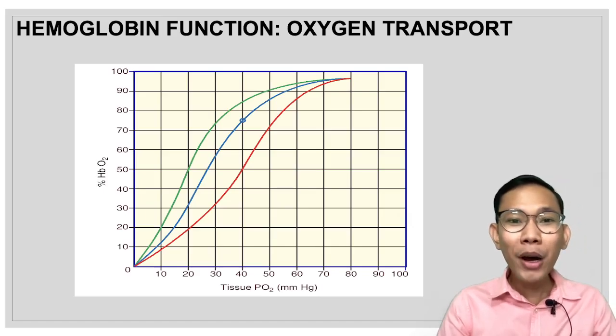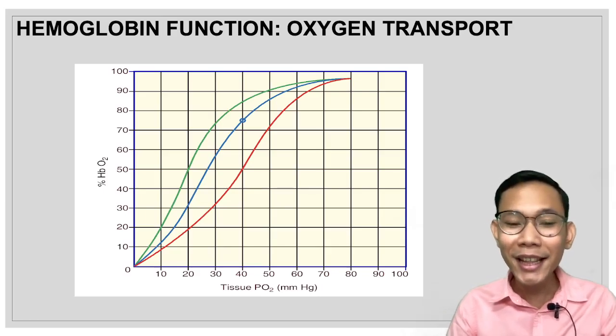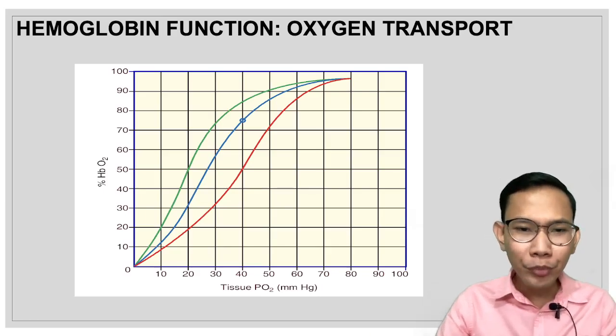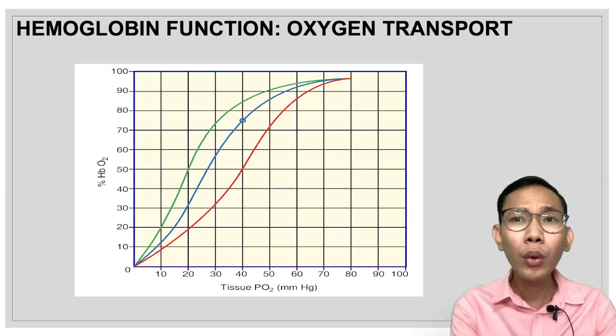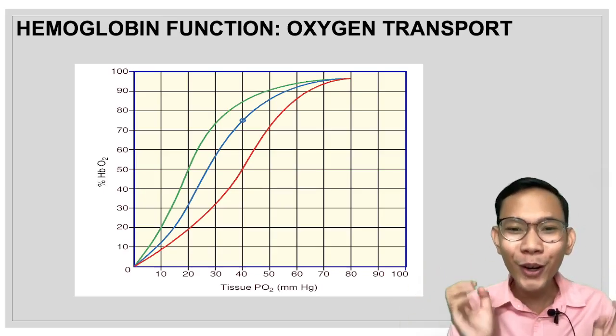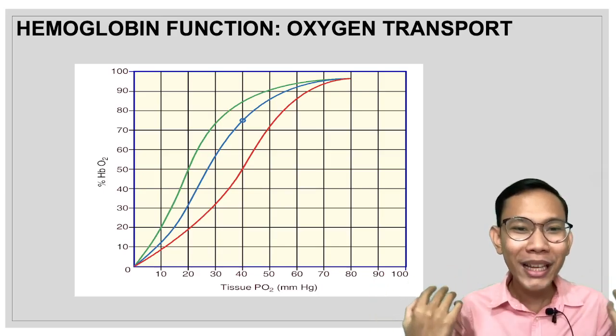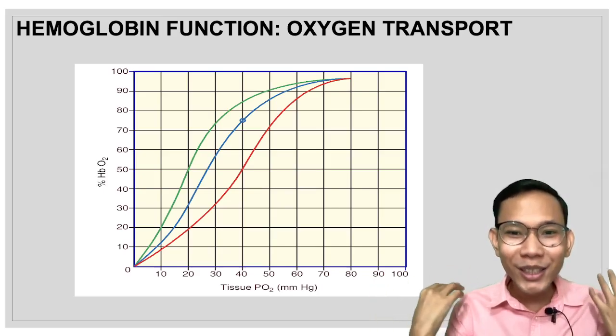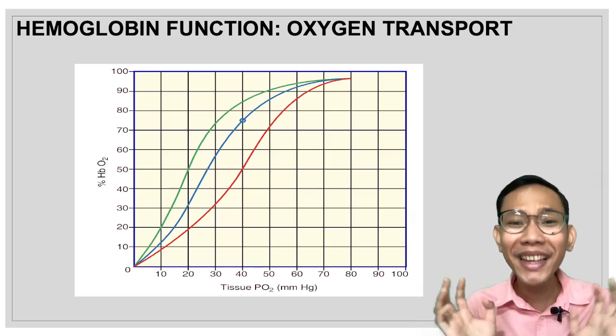Now, let's talk about your hemoglobin function as oxygen transport. Guys, we all know that hemoglobin will transfer oxygen. That's the basic function of hemoglobin, to transfer oxygen. But it is not that easy.